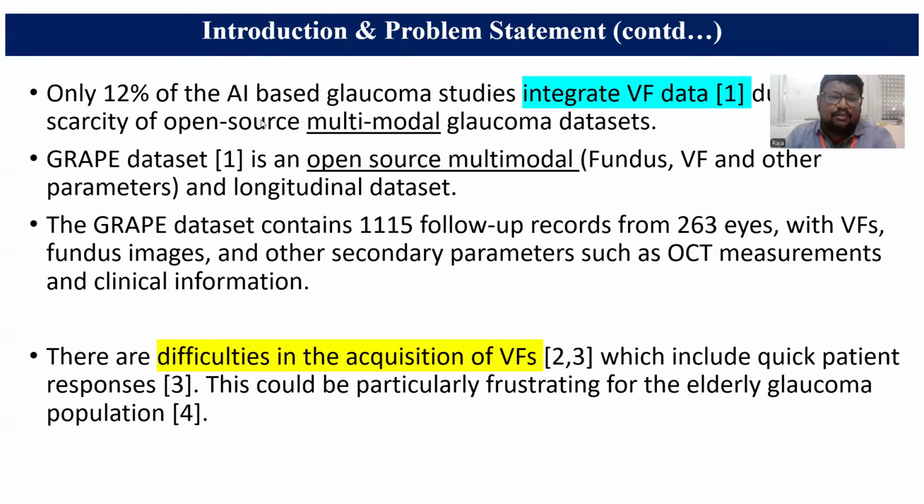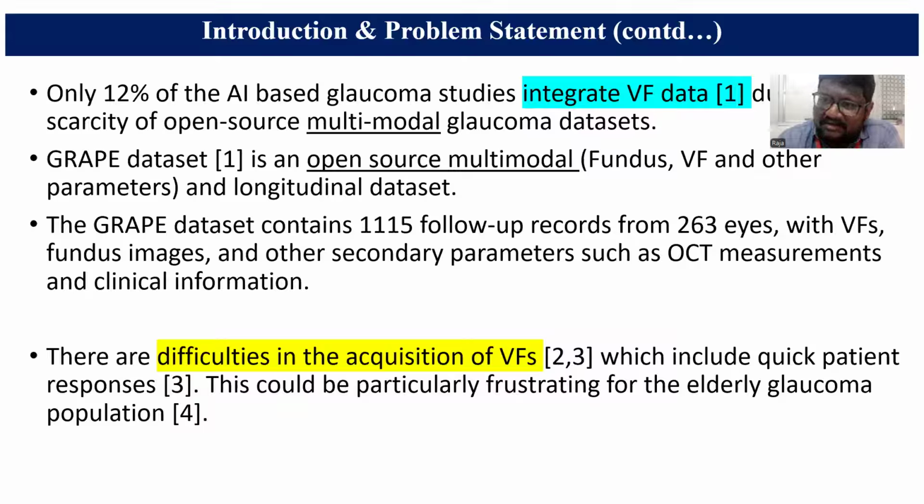This is due to the scarcity of open source multimodal glaucoma data sets. Why do we need to go multimodal, apart from architecturally rich neural networks? Multimodal takes us close to reality: how the doctor diagnoses a disease versus how AI algorithms diagnose it.